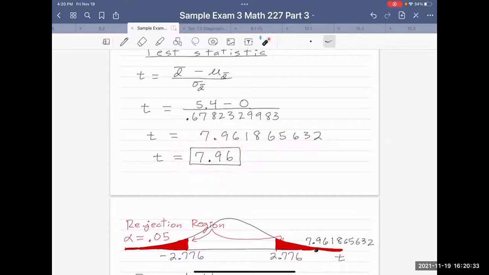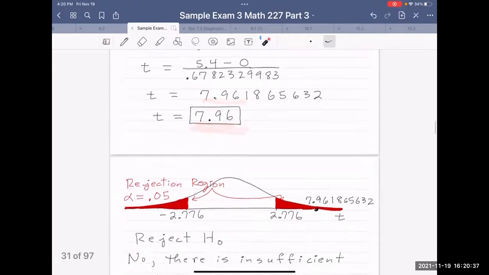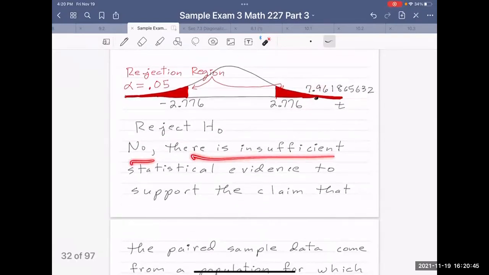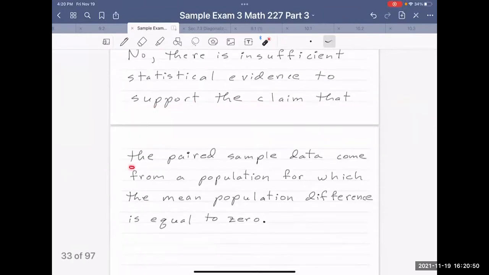Rounding to the nearest hundredth, it is 7.96. So we are definitely in the rejection region, and I reject the null hypothesis. So no, there is insufficient statistical evidence to support the claim that the paired sample data come from a population for which the mean population difference is equal to 0.